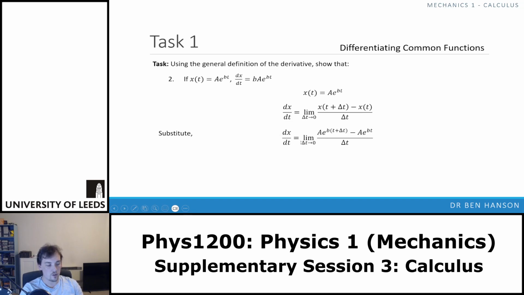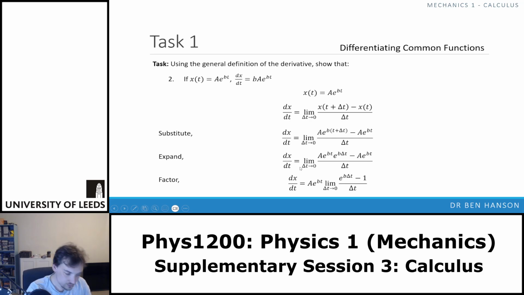a can come out to the front because it's a constant. e to the b(t plus delta t) is equal to e to the bt times e to the b delta t. Factor out that e to the bt and take it outside the limit, because t isn't going anywhere as delta t changes to 0.